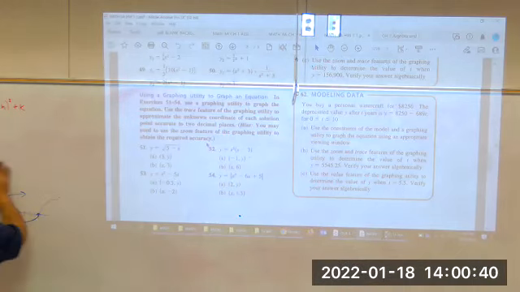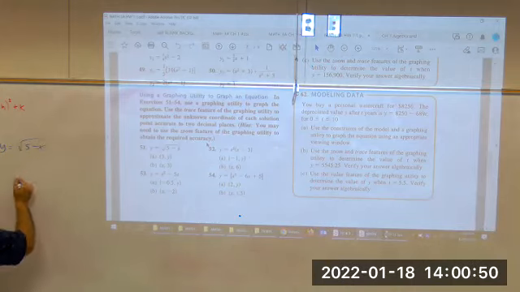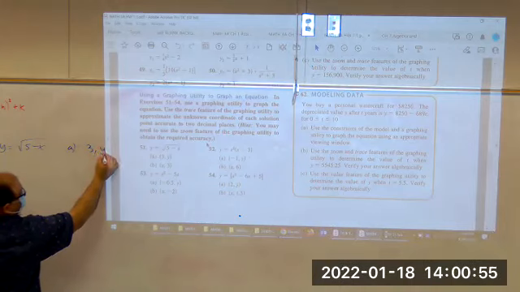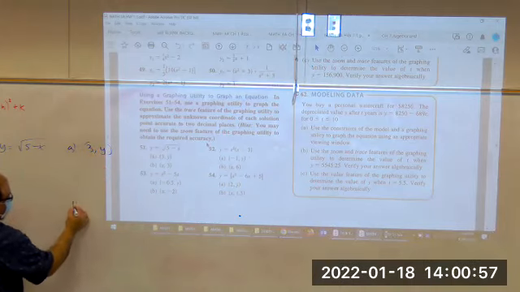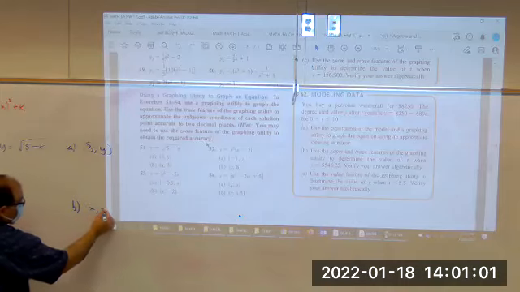So on 51, y equals square root of 5 minus x. I'm going to show you one way with part A, 3 comma y, but I do have to use the trace for part B, x comma 3.